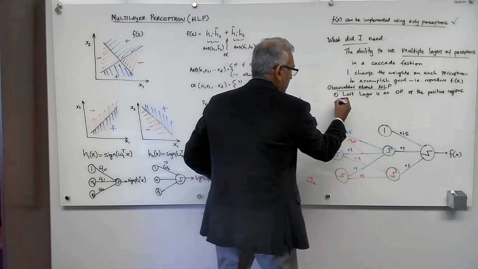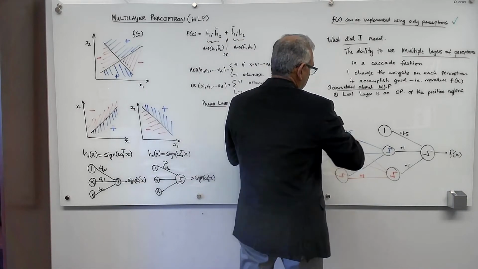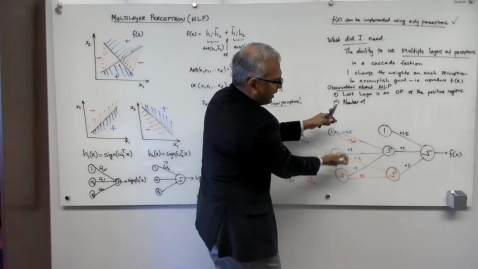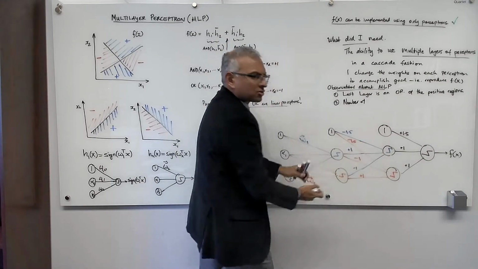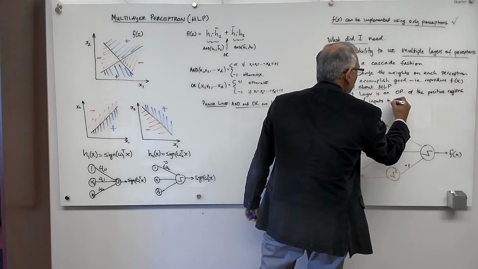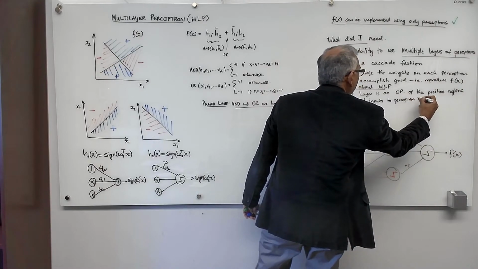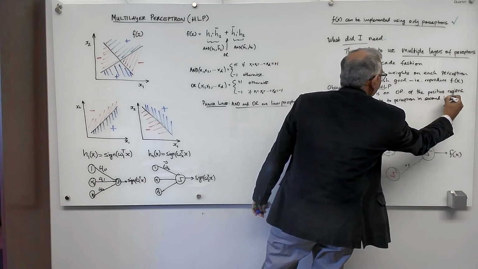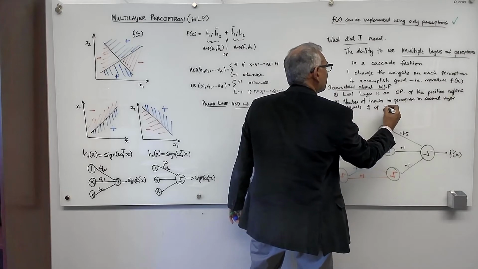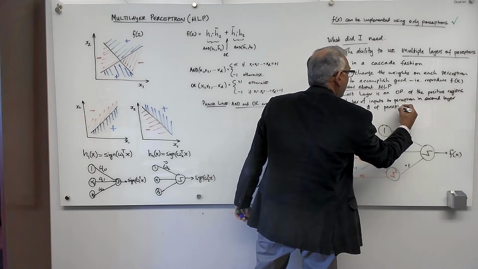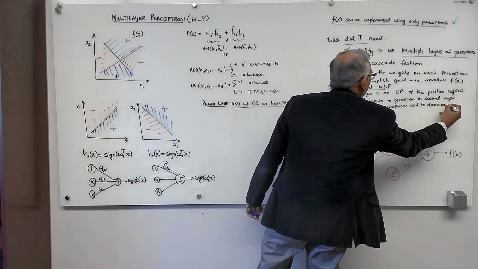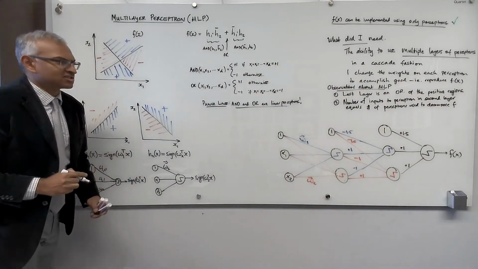So that's my second observation: the width, the number of inputs to the perceptrons in the second layer, equals the number of perceptrons used to decompose the target function f that I was interested in.